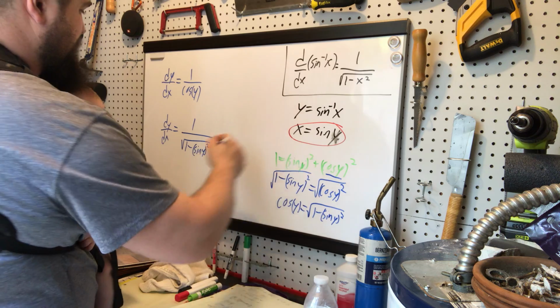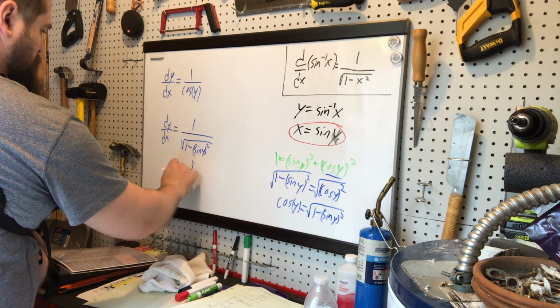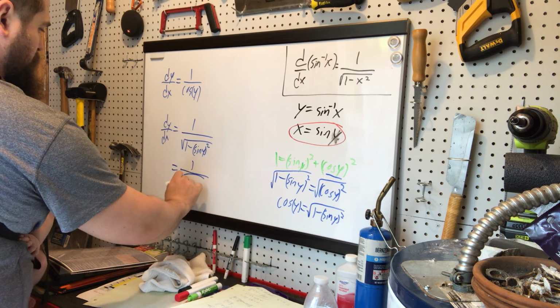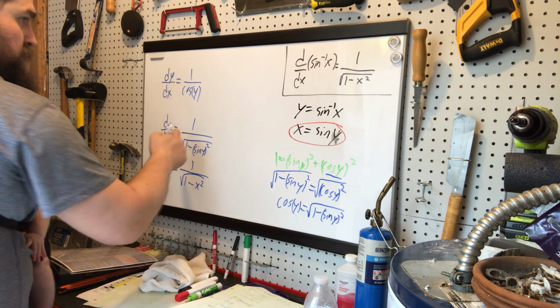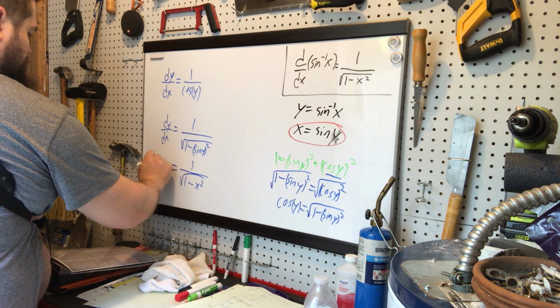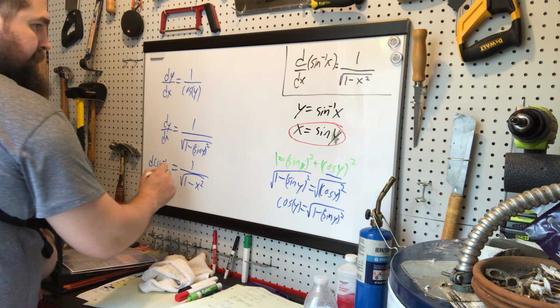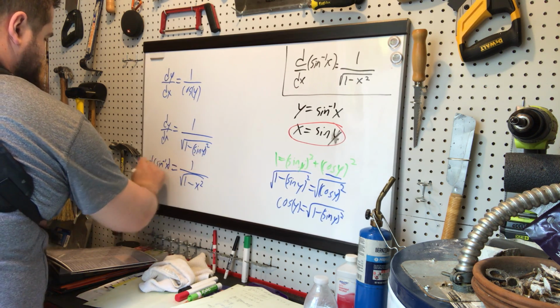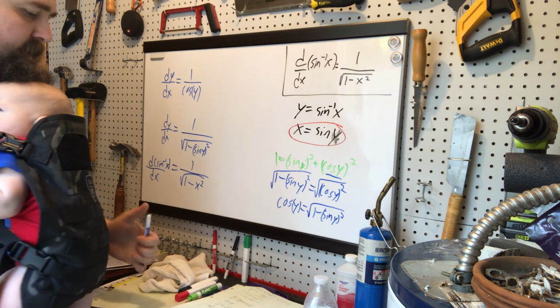And we know sine of y is x, so this becomes 1 over the square root of 1 minus x squared. And of course y is arc sine of x, so the derivative of arc sine of x with respect to x is equal to this. And that's it. That's all it is.